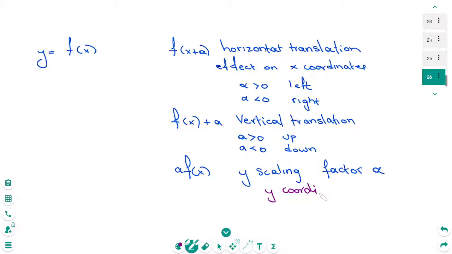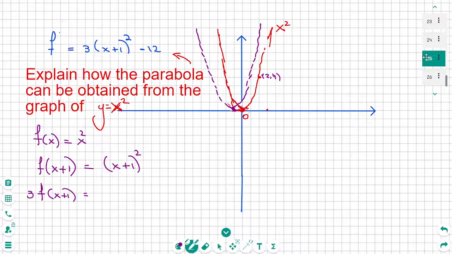So the vertex of the parabola will stay at the original position, and you see the graph is going to be a bit more open, because if you consider some points, you can see the effect, for example, of this point.